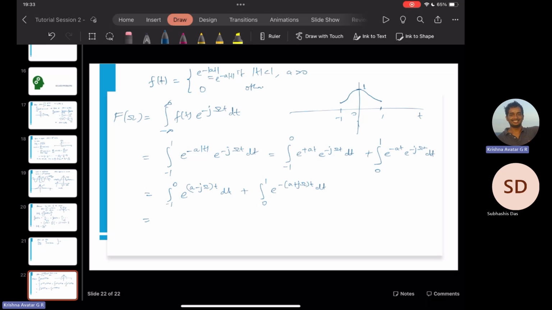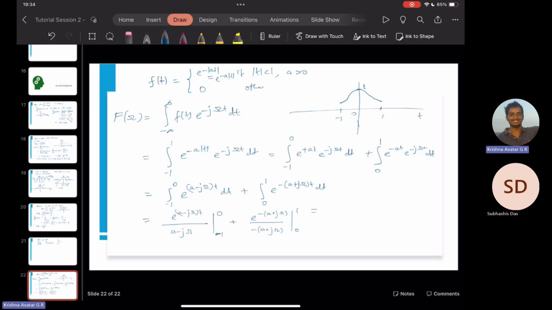Then we use the properties of the integral. Here it becomes e to the power a minus j omega t divided by a minus j omega, from minus 1 to 0, plus the similar term from 0 to 1.